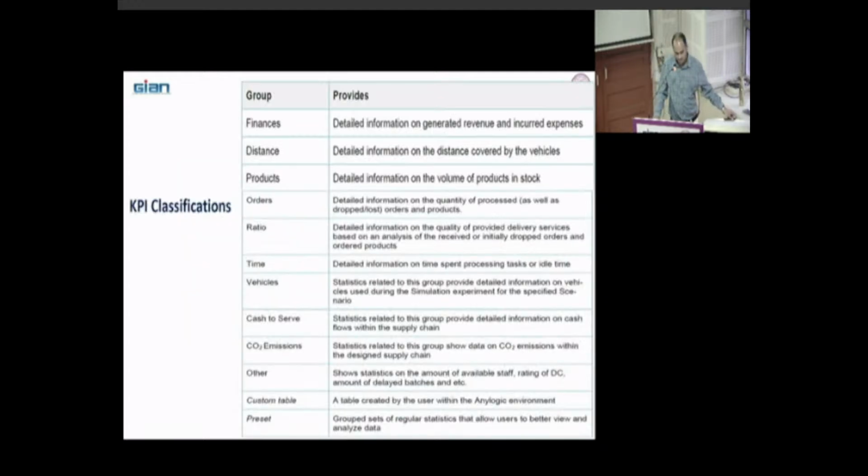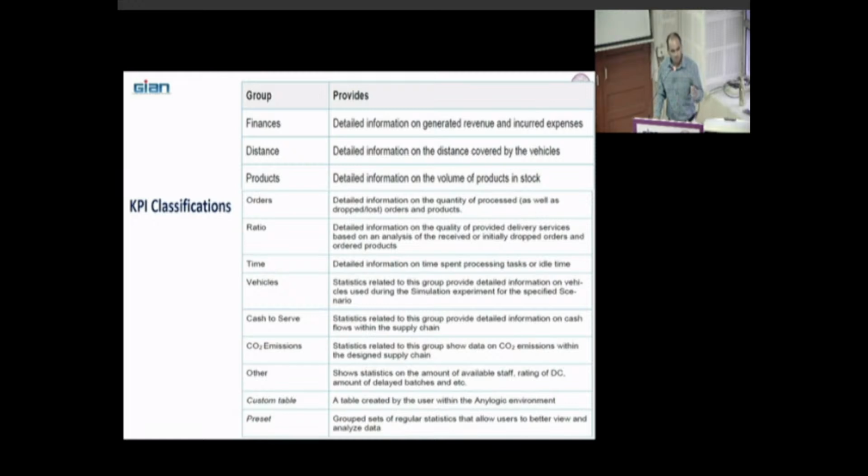KPI classification. Finances: suppose you want to see the profit, revenue, transportation cost, tariffs, inventory cost, anything, then you go with the finance category and you will find all those performance KPIs there. Distance: again, suppose you are interested in how much distance you are covering to satisfy your customers' demand, or moving the goods. And then products: how many products customers are ordering, how many products you are delivering.